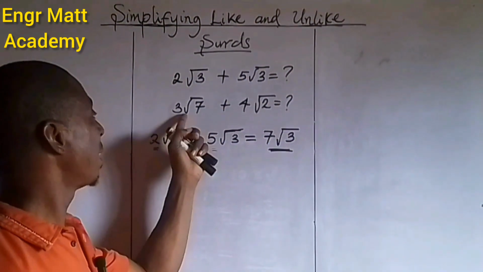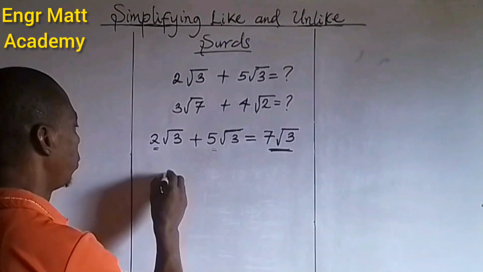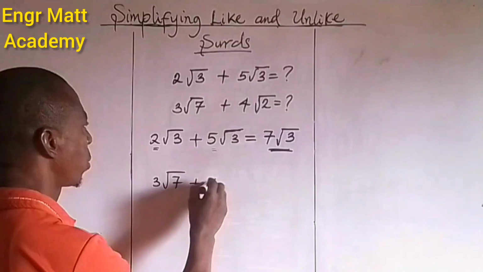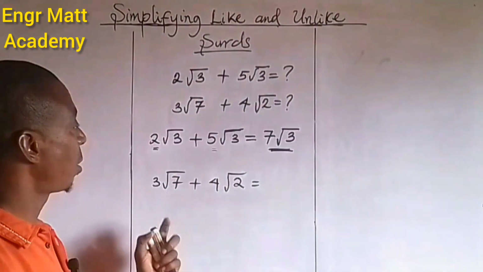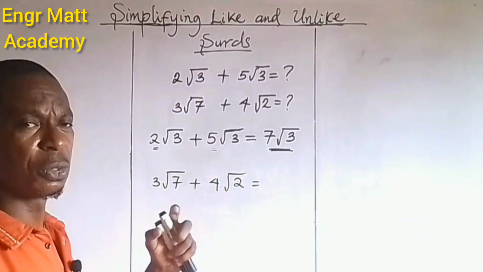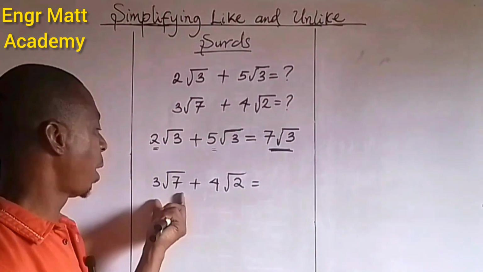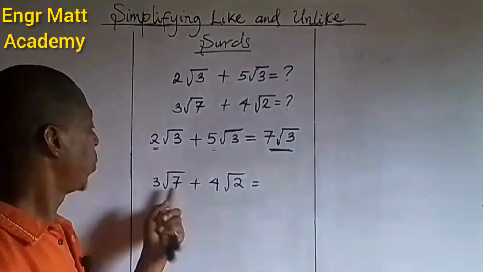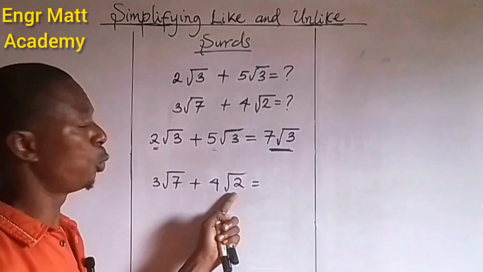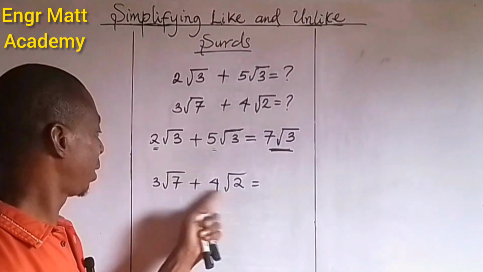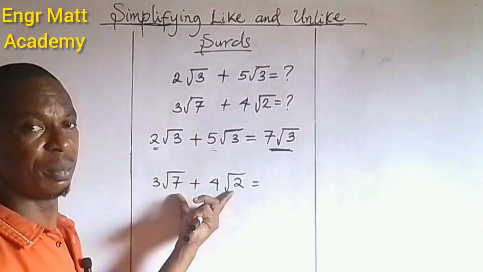Now let's consider the second expression, 3 root 7 plus 4 root 2. Remember, the first rule here is to find out whether the surds are alike. In the first term, we have root 7, and in the second term here, we have 4 root 2. The numbers inside or under the root sign are not the same.